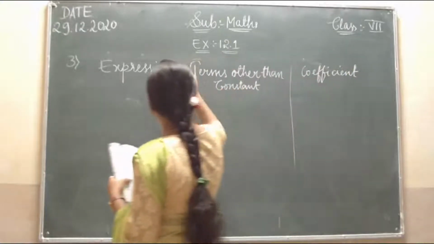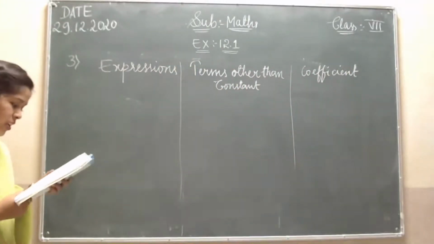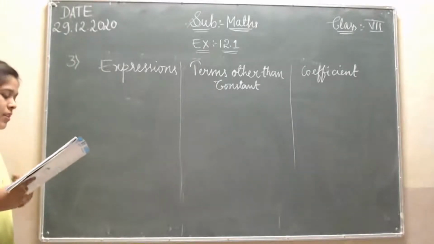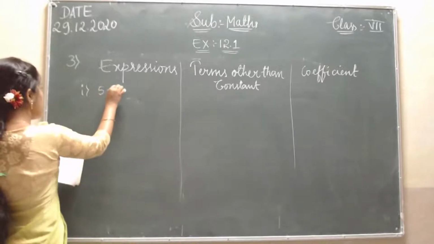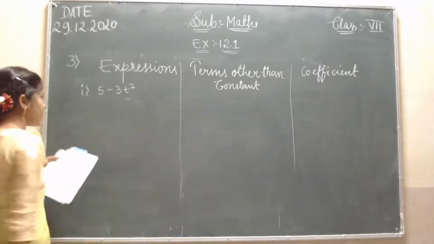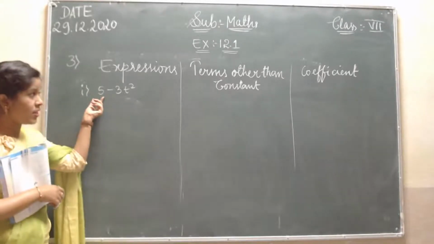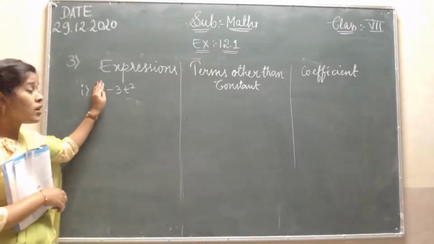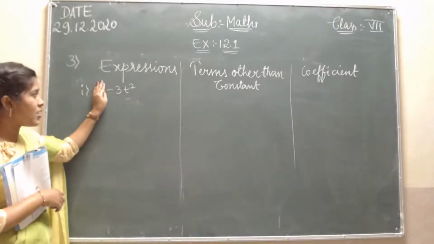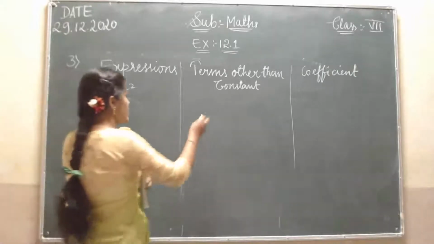So here we have to find terms other than constant and the numerical coefficient. So third one, see here, the first expression is 5 minus 3t square. So here 5 is constant. Here we have to write terms other than constant, means we have to leave this constant. We have to take only variables with their numericals.